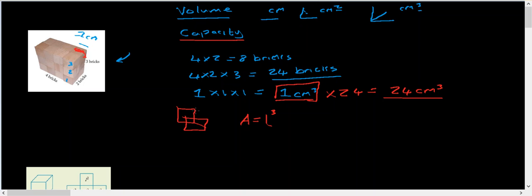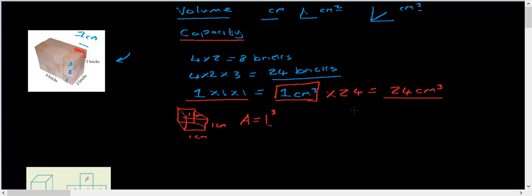Imagine this is one of the boxes, and it's 1 centimeter, 1 centimeter, and 1 centimeter across here. You multiply the lengths by each other, so that all the sides of the box are the same. So the volume is the length cubed, length by length by length. That's the volume of a cube.